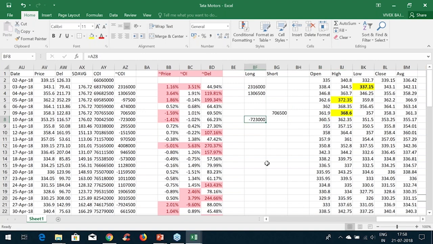So this is a time where you want to believe that the stock will not show a major upward rally, and this is a stock which should always be sell on rise, because the buyers don't have strength to continue with the long position, and there are sellers who have initiated the short position.